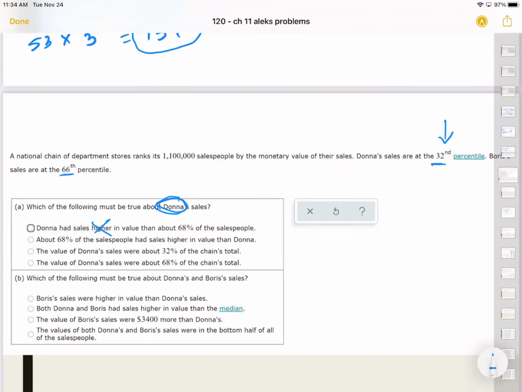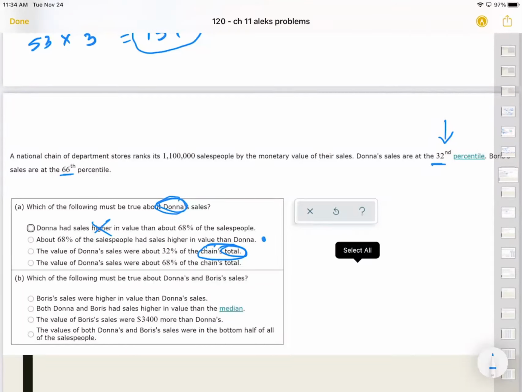About 68% of the salespersons have sales higher than the value of Donna. That might be right, we put a small star there. The value of Donna's sales was about 32%. Again, can we predict the value? The percentile does not give you the actual value. The percentile does not tell you how much you make.